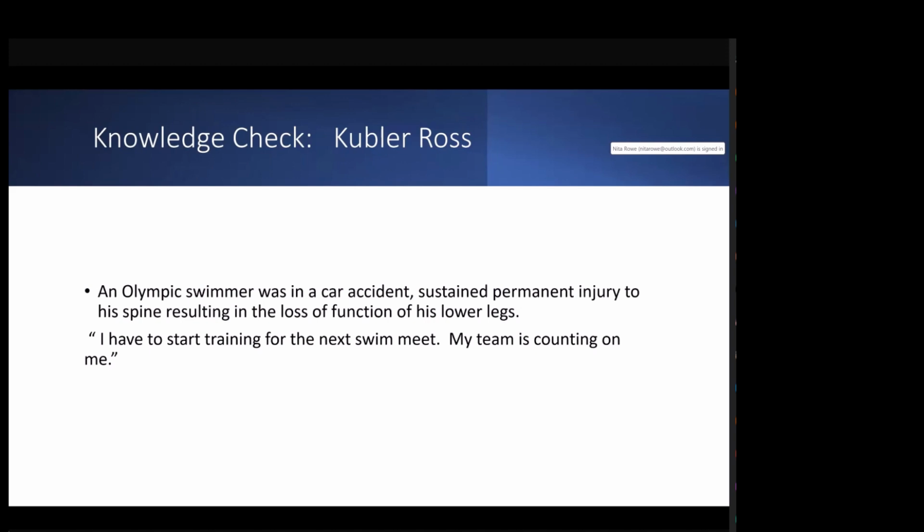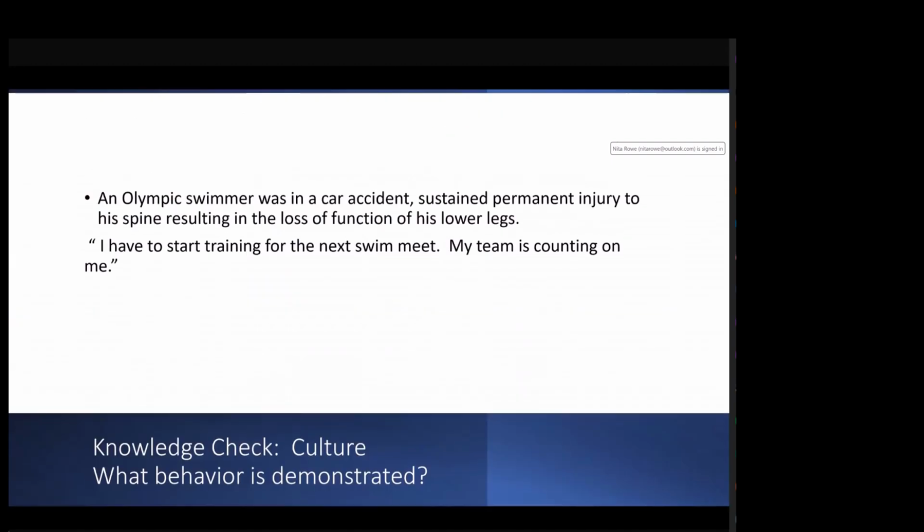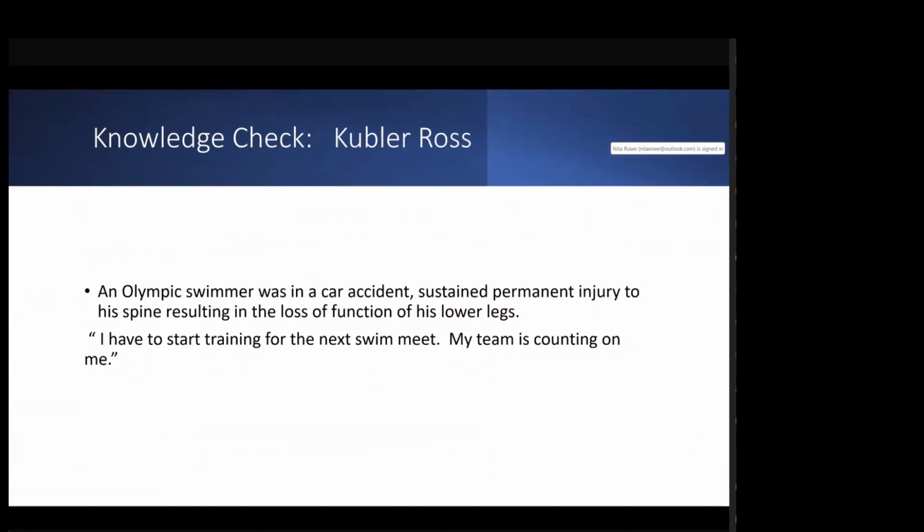Knowledge check. An Olympic swimmer was in a car accident and sustained permanent injury to his spine, resulting in a loss of function of his lower legs. "I have to start training for the next swim meet. My team is counting on me." What is his level right now? Okay. This is denial.